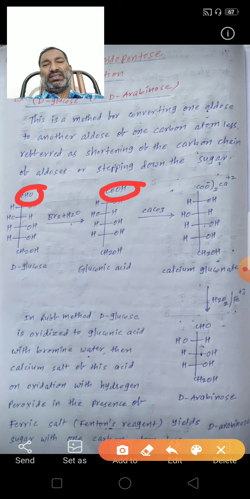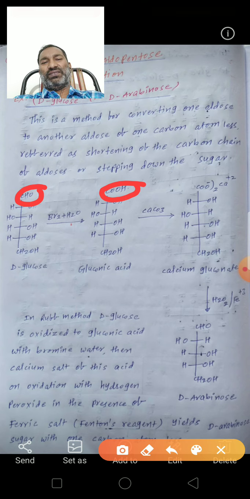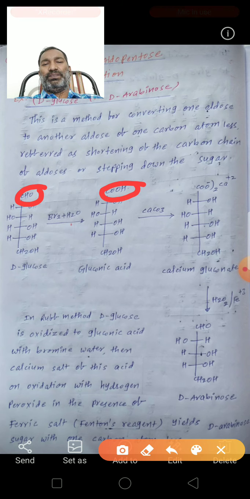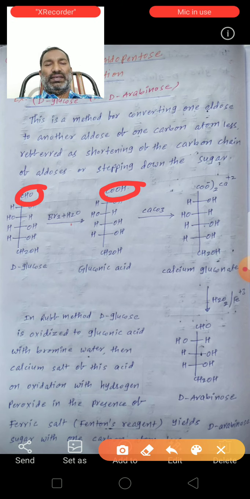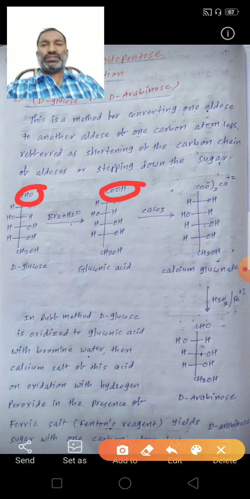See this is the structure, COO minus taken to calcium plus 2. Remaining all the same. Second carbon OH is right, H is left. Third carbon H is right, OH is left. Remaining all are the same. So this acid plus calcium carbonate forms a salt, calcium gluconate.